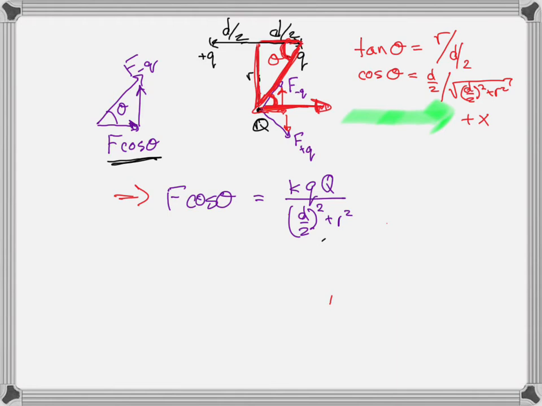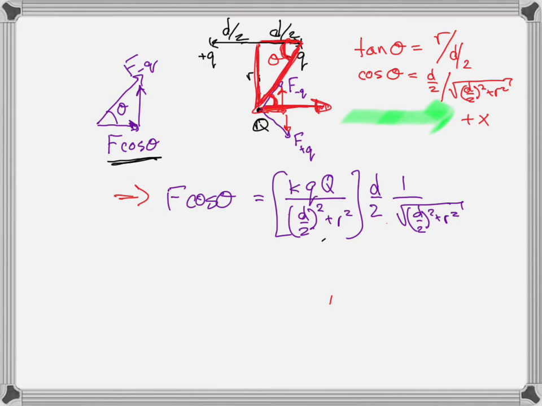The square root squared goes away. That is the magnitude of f, and cosine theta is d over 2 over the square root of d over 2 squared plus r squared. It's a little bit of algebra, but it's not hard algebra.